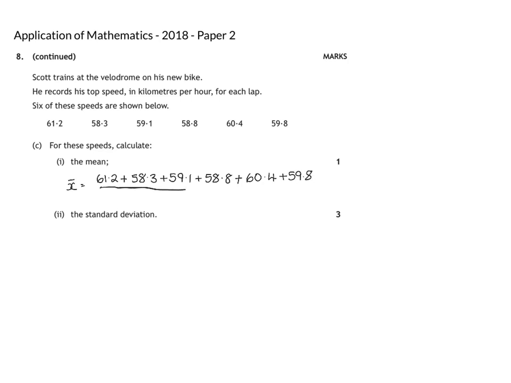So we've added together a total of 6 numbers, and when we do that, we get that our mean comes to 59.6 kilometers per hour. Right, so that's 1 mark there. So on to part 2.